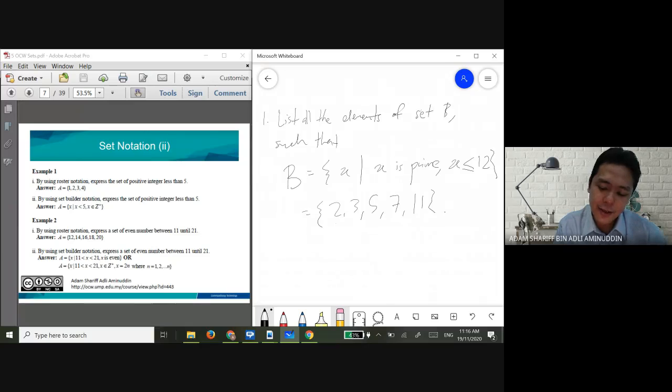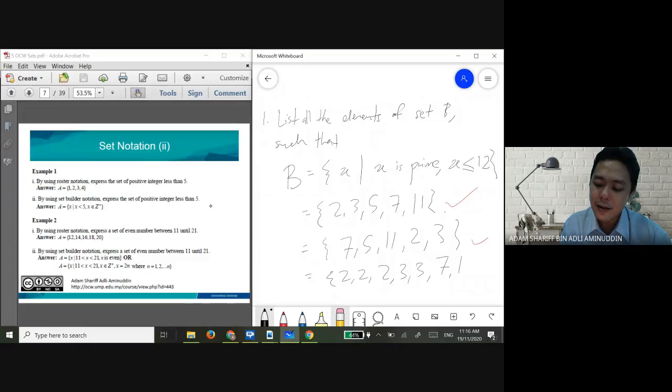The student who answered 2, 3, 5, 7, 11, you are correct. If one more student asks, can I answer 7, 5, 11, 2, 3? Also correct. If another student answers 2, 2, 2, 3, 5, 7, 11, it can also be correct.